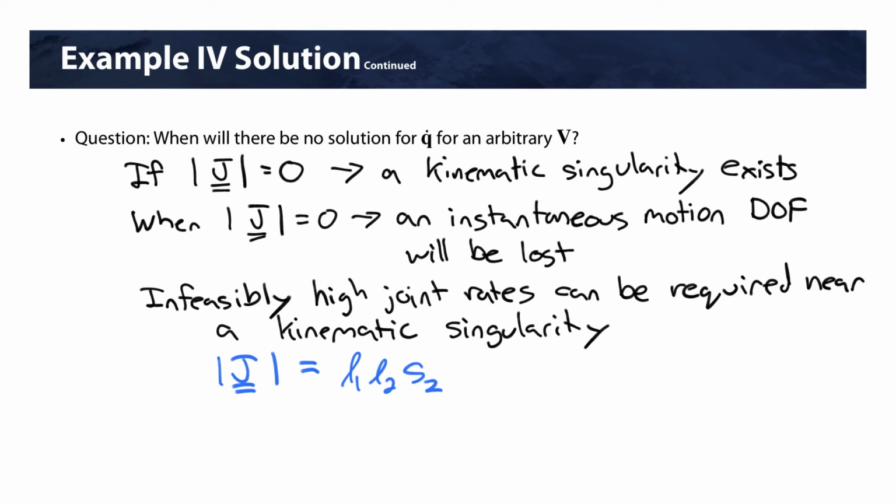So for this robot, obviously L1 and L2 aren't 0, but S2 can equal 0. So if S2 is equal to 0, our manipulator is in a kinematic singularity.